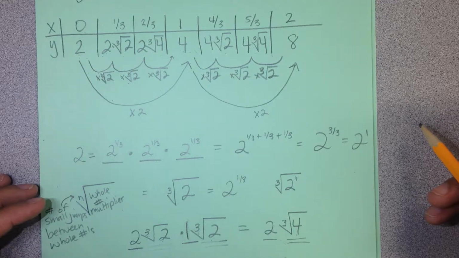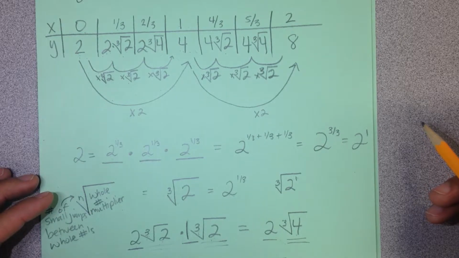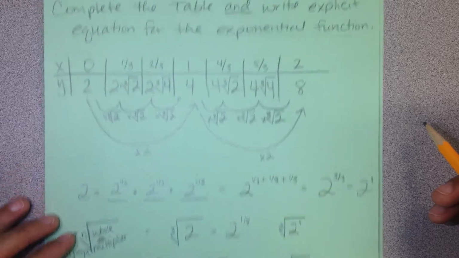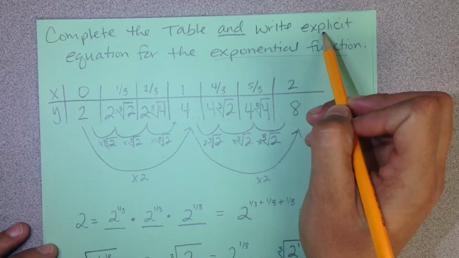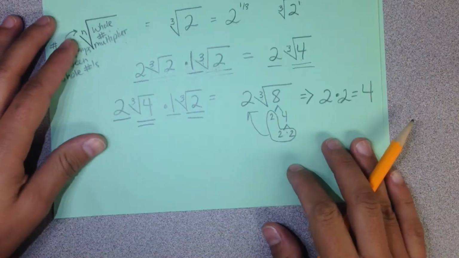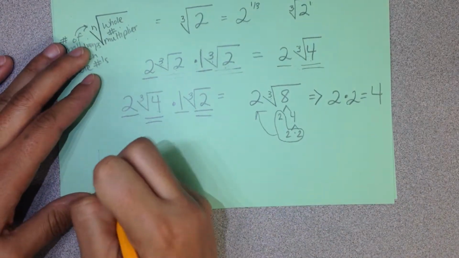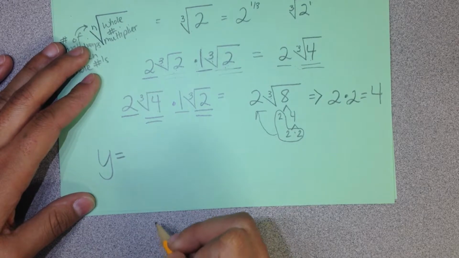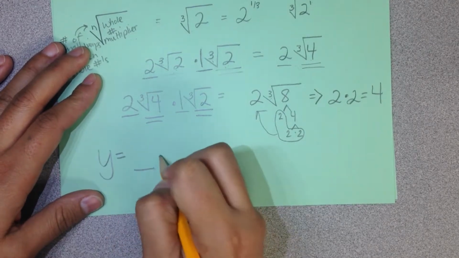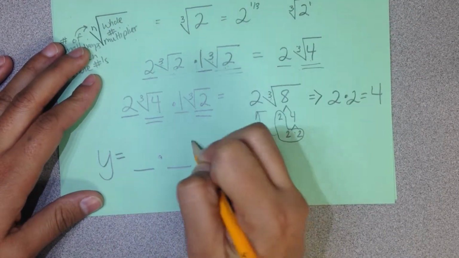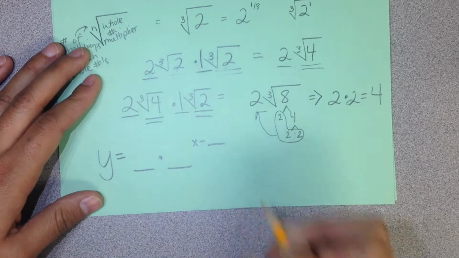And then the last part is finding the explicit equation. So remember I told you guys the explicit equation for an exponential is y equals. You have 3 spaces you need to fill in to the x minus blank.